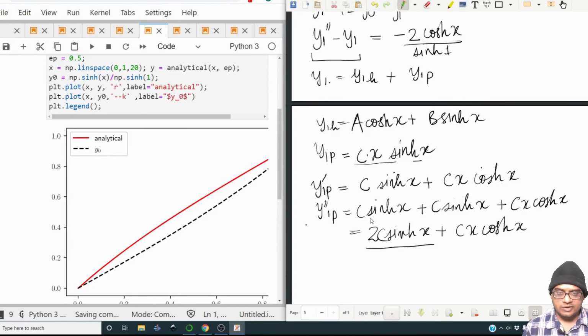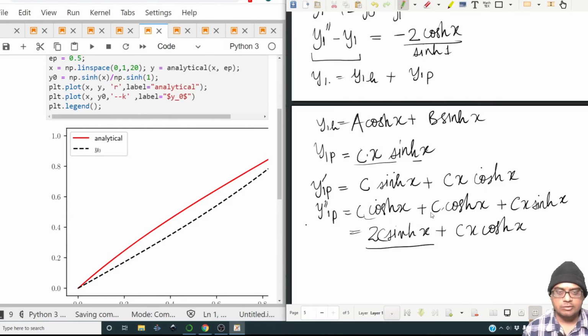Now the second derivative will become cos h, again cos h, and this will become cx sin h. So I request you to do this on your own and have a look.